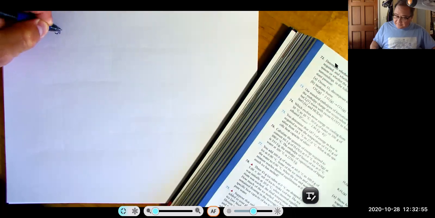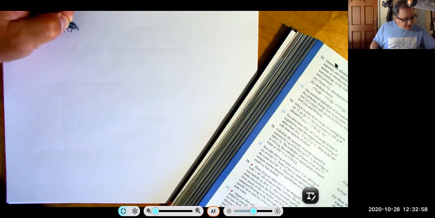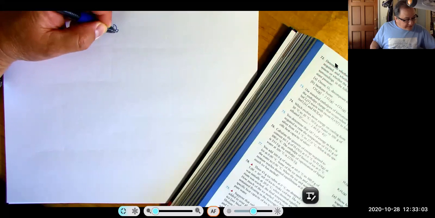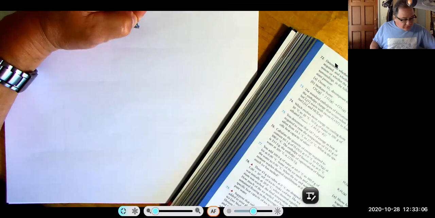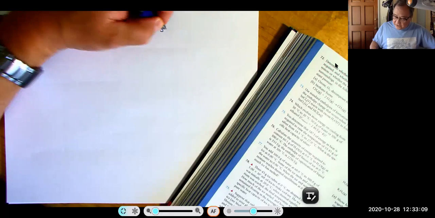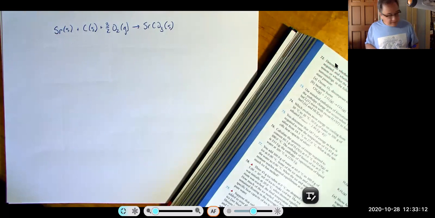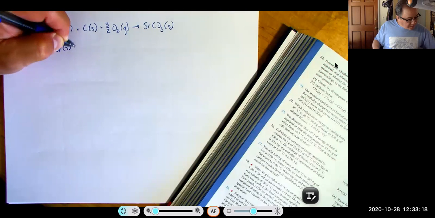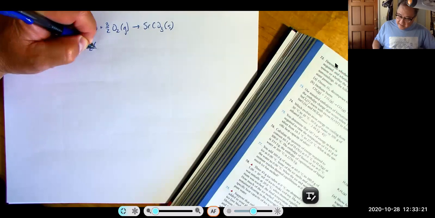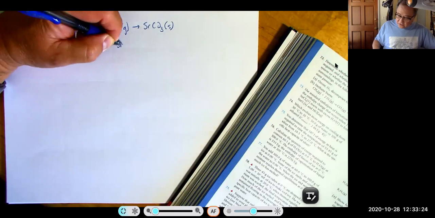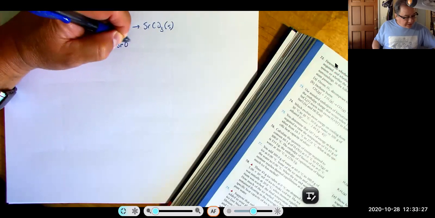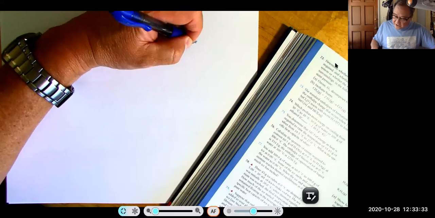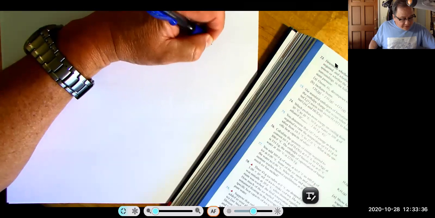So they give you strontium solid plus carbon solid plus 3/2 O2 gas gives you SrCO3 solid. And they give you Sr solid plus 1/2 O2 gas gives you SrO solid. And they say that the change in energy for this reaction is minus 592 kilojoules.